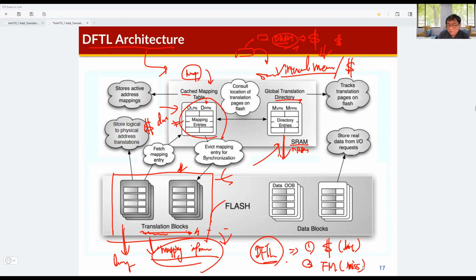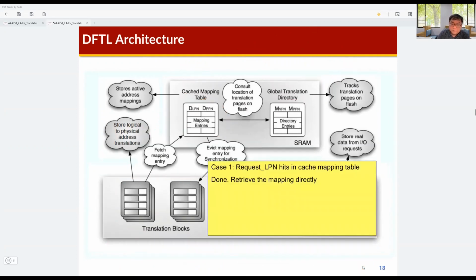So we need to support these two cases with DFTL. So the first case is that the LPN is requested from the host, and this LPN, logical page number, is found in the cached mapping table. That is the best case. This is actually the hit case. So in this case, this mapping information is serviced from the cached mapping table, and that's it. Okay, it's very simple.